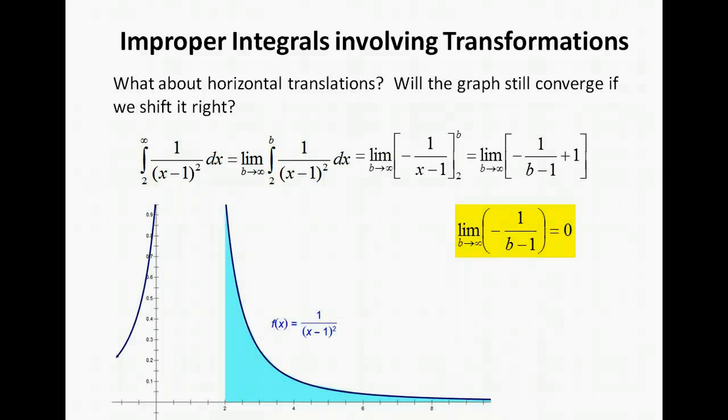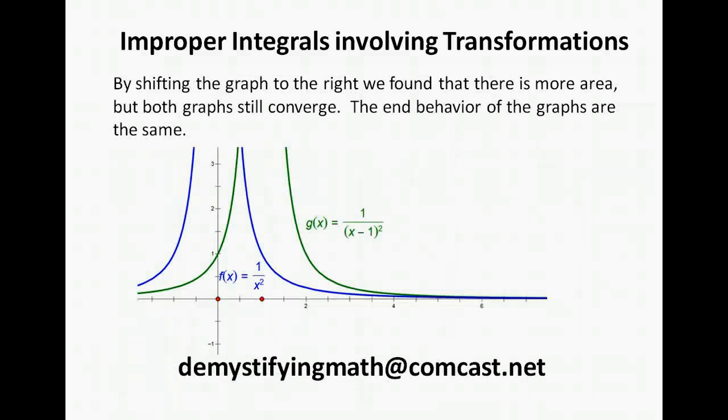So we ended up with 1. So we do have a little bit more area by shifting it to the right, but it still converges to a specific number. And that's going to happen anytime that you shift a graph to the right. It's still going to be convergent if the original function is convergent.